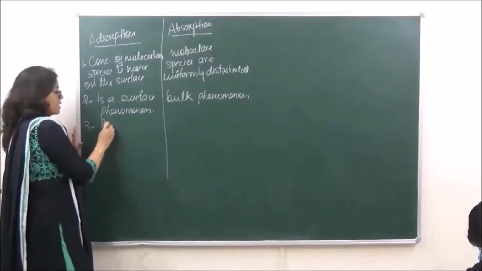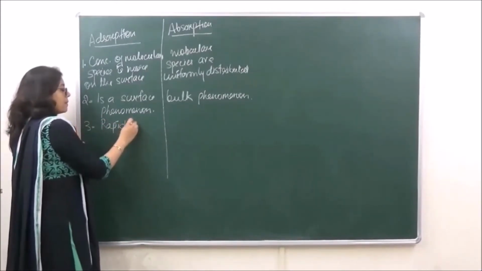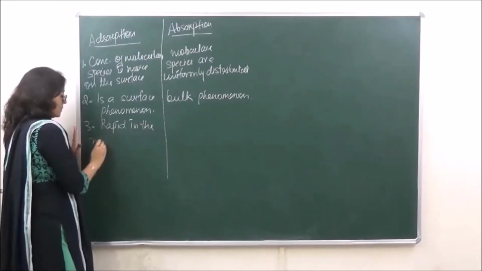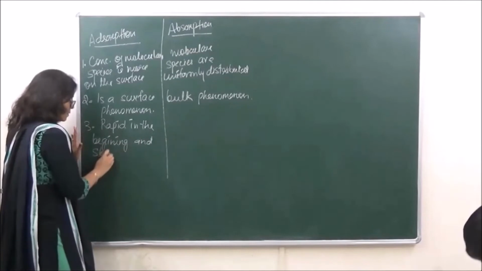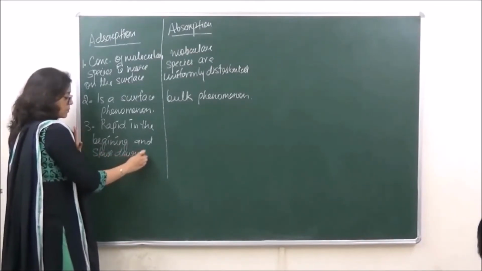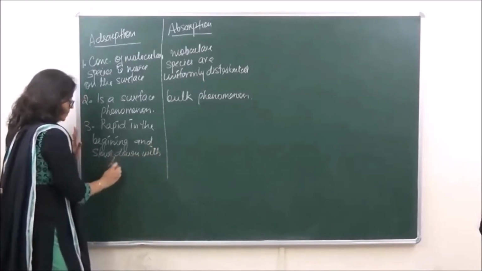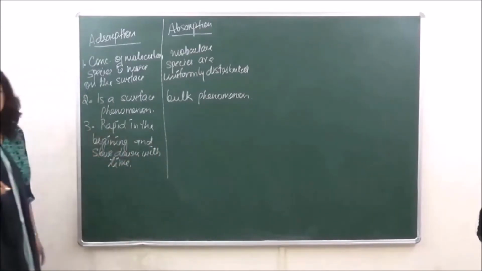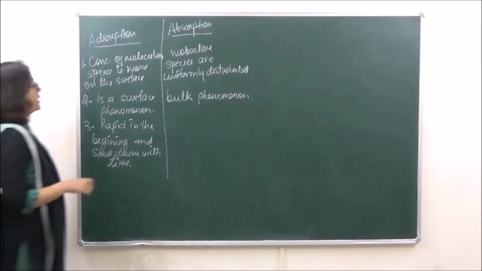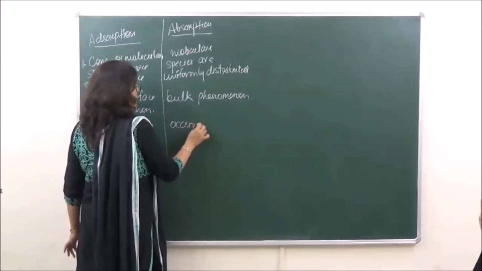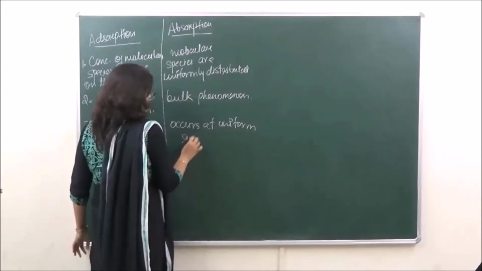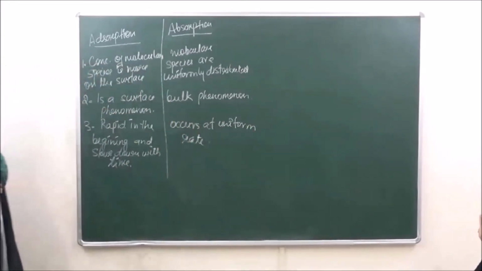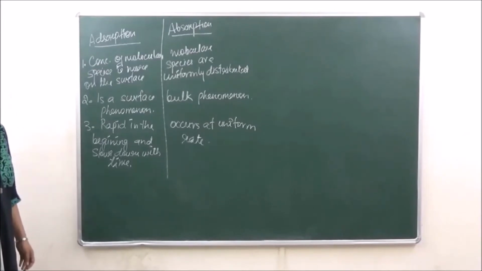So it is rapid in the beginning and slows down with time. ठीक है? It slows down with time. Absorption जो है, that occurs at a uniform rate. So these are the differences between absorption and adsorption.